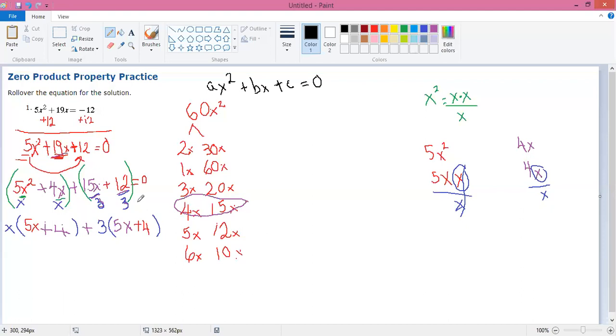And so now the next line would be x, open parentheses, 5x plus 4, close parentheses, plus 3, open parentheses, 5x plus 4, close parentheses. Now, when I looked at the 15x and the 12, those are the other two that you put parentheses around, right? And that step above. 15 and 12 both have 3 in common. That's their greatest common factor, 3.